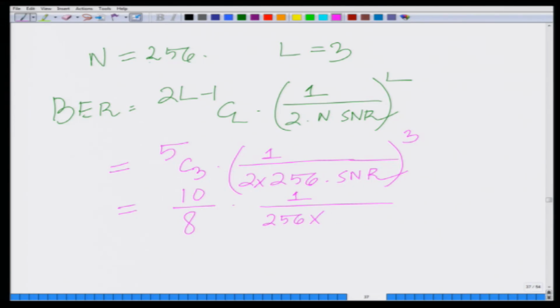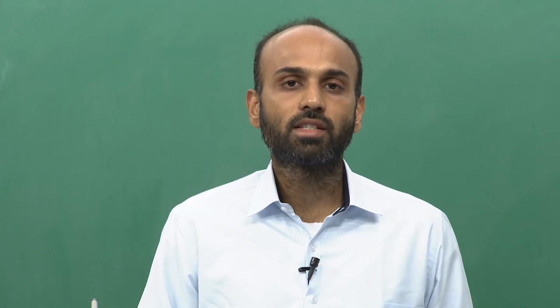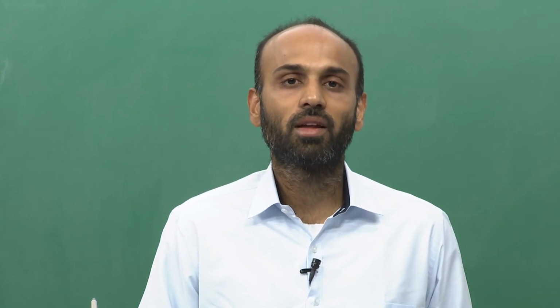The SNR is 10 to the power of 1.5. So, I have 10 to the power of 1.5 raised to the power of 3, and if you simplify this, you will get 2.36 into 10 to the power of minus 12. So, this is the bit error rate of the CDMA system in an L equal to 3 multipath channel with code length n equal to 256, which is 2.36 into 10 to the power of minus 12.